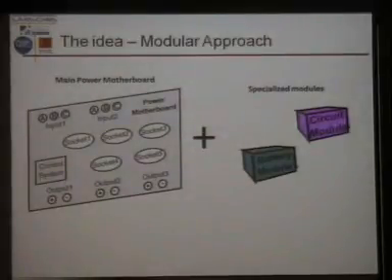The idea here is to have a modular converter composed of a main motherboard, which would probably be the DC bus equipped with some sensors so you can control the DC bus voltage. Within this motherboard there are sockets where you can easily connect or disconnect specialized modules.